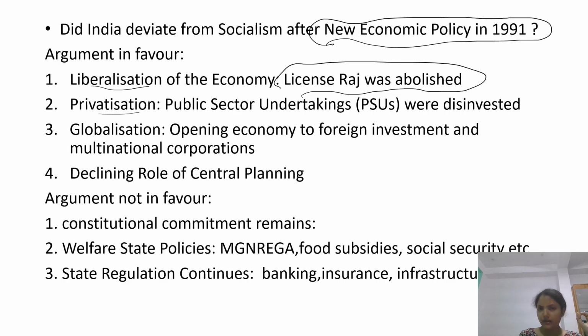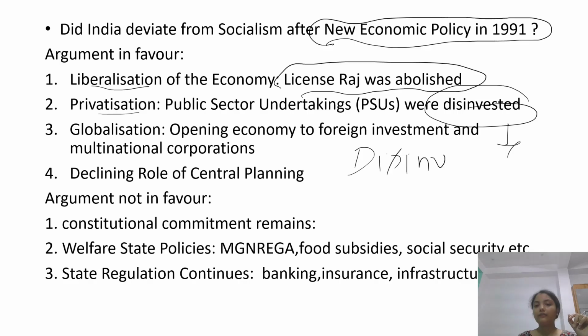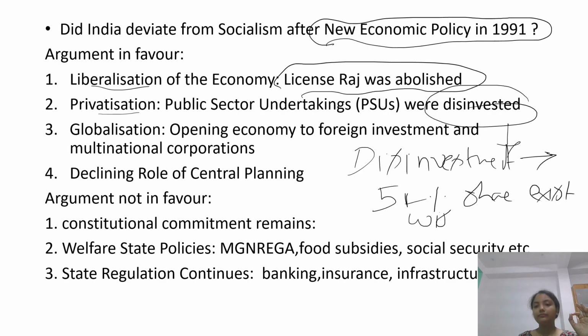Privatization: public sector undertakings were disinvested. So what is disinvestment? If a public sector company has a 51% share with the government, and the rest 49% is diluted to private players, it is called disinvestment.